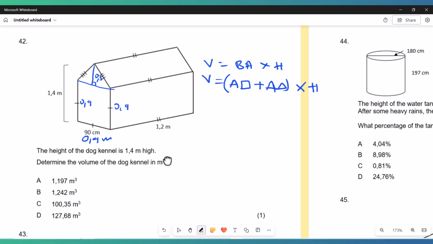So the area for the square is going to be 0.9 times 0.9, that's a square.